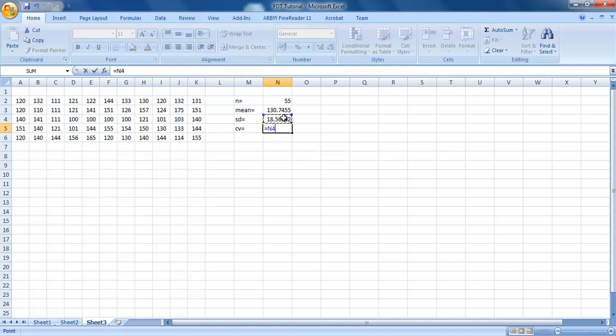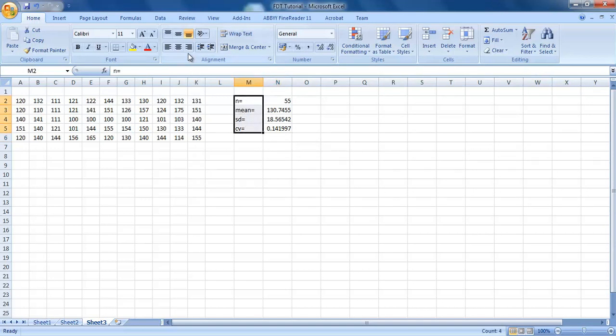It is located in cell N4 divided by the mean located at cell N3. So enter. So there you go. We have the basic or the common statistics.